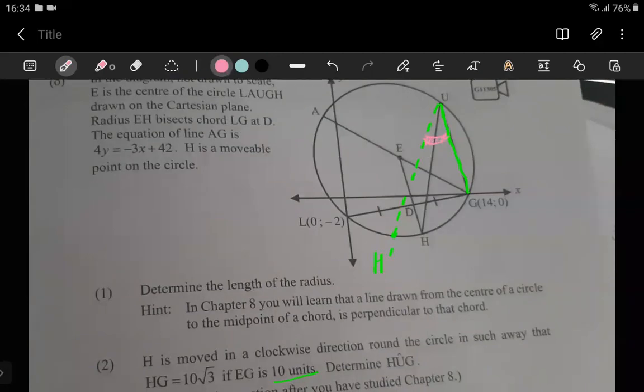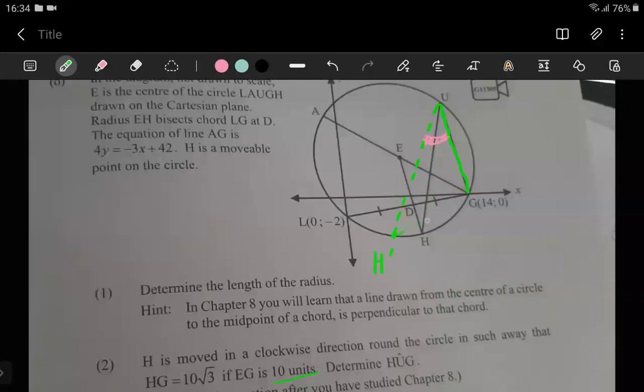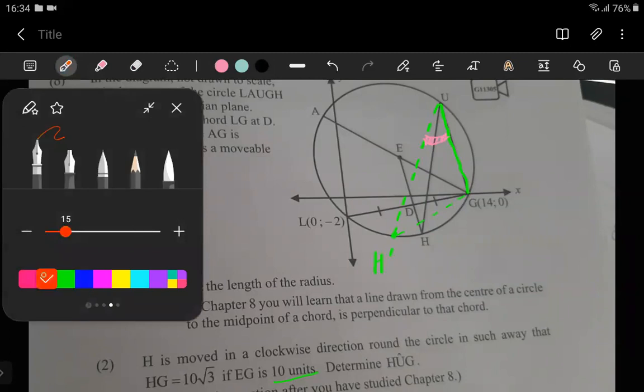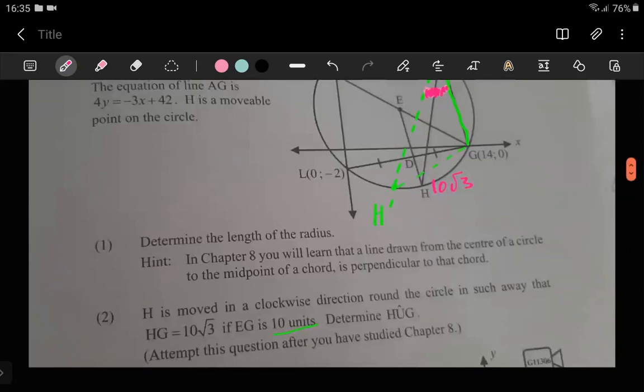They say the distance between G and H is 10 square root of 3. Now they want us to work out this angle. Another scary question.